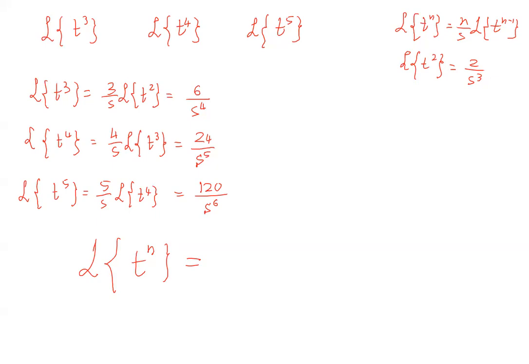Do you recognize these numbers? 6, 24, 120. Very good, excellent. N factorial over s to the n plus 1. So that's our first formula.